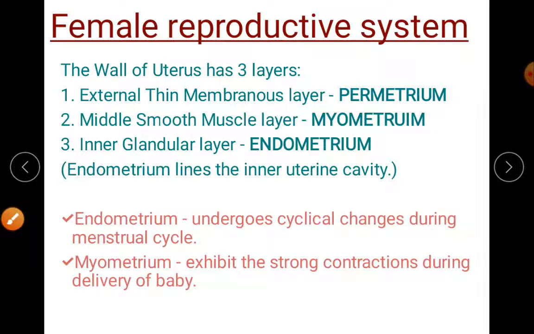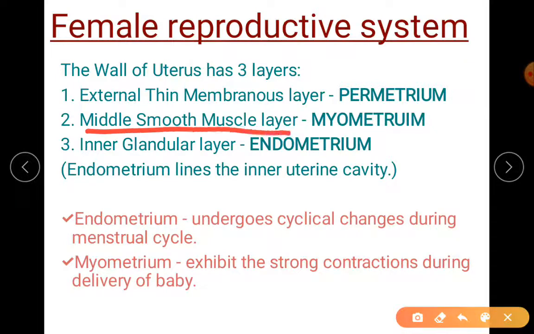PERI, perimetrium. The second one is a smooth muscle layer, which is called the myometrium. You all know the term myofibrils, which you have come across in structural organization in animals, where we spoke about muscles. Over there you have already understood about the muscles, which we term here as myometrium.